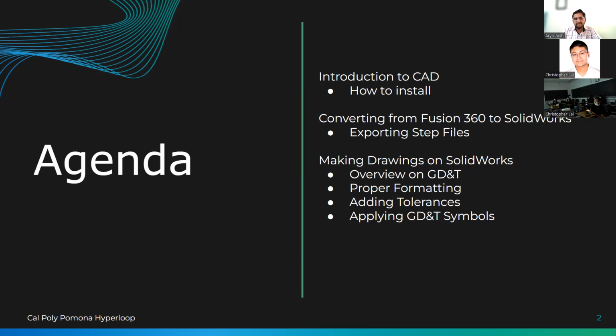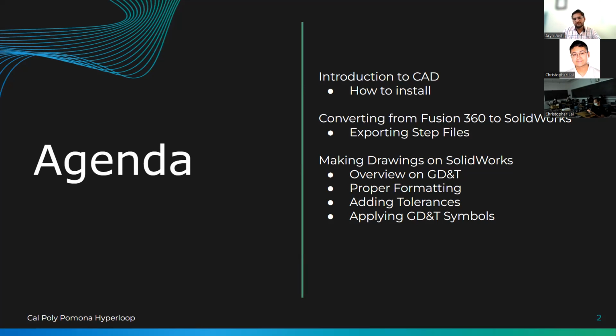And sometimes maybe it's better to use one software over the other. Like for instance, Fusion 360 is easier to use, so some would say, and SolidWorks has much more tools that you can use to conduct analysis of your design.